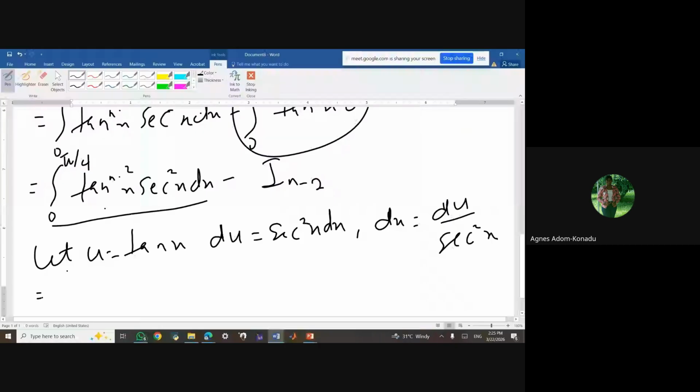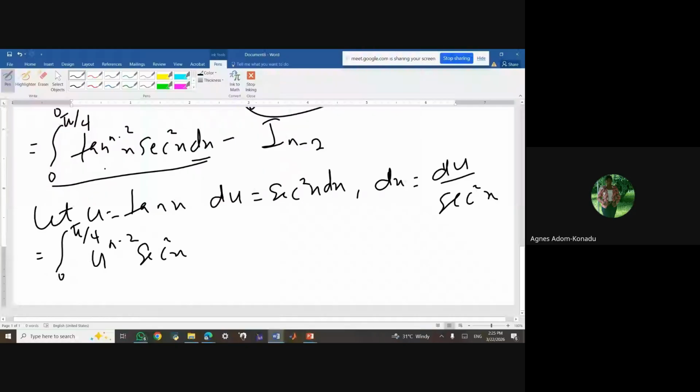So I make the substitution. I'm going to get the integral from 0 to pi on 4 of u^(n-2) sec squared x, but my dx is now du over sec squared x.